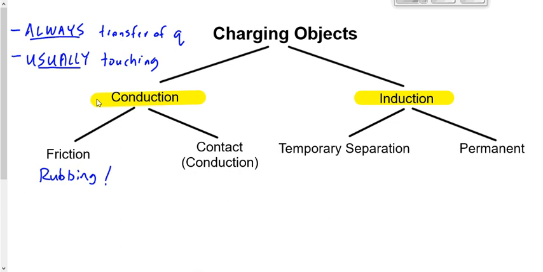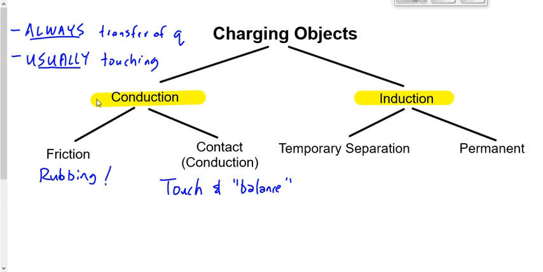Now, charging by contact is really what we already did. This is when we touch two things together and they want to balance out. I'll say touch and balance, but I'll put balance in quotation marks because they don't always balance. They try to balance, but if you have something that's bigger, or something that's pointed, it's not going to be perfectly balanced.